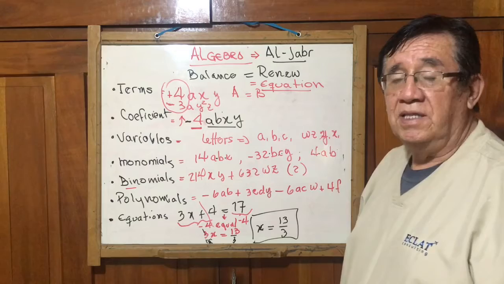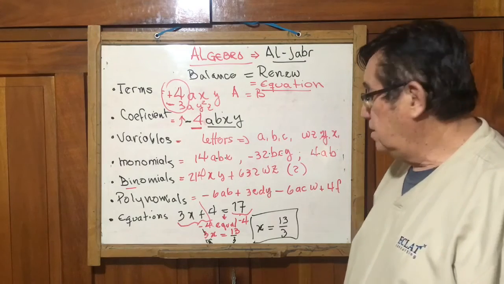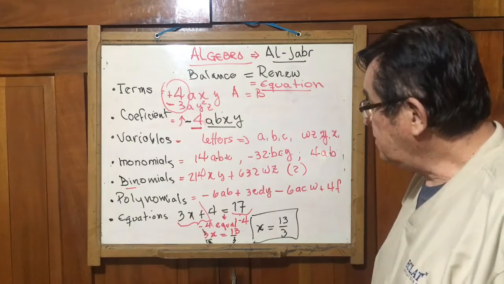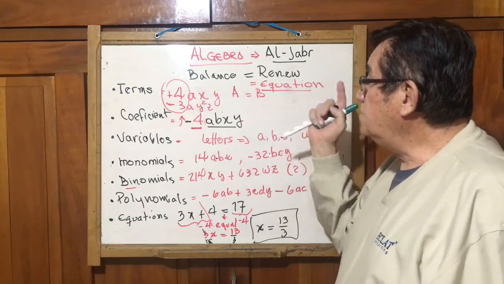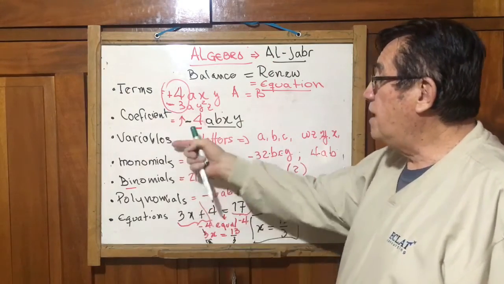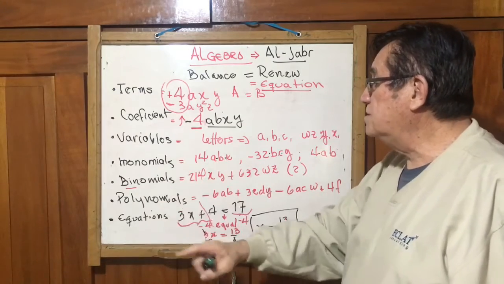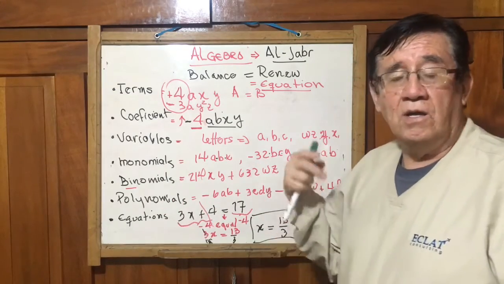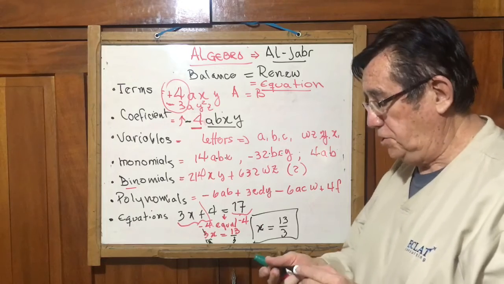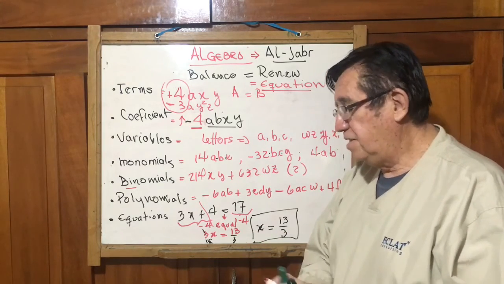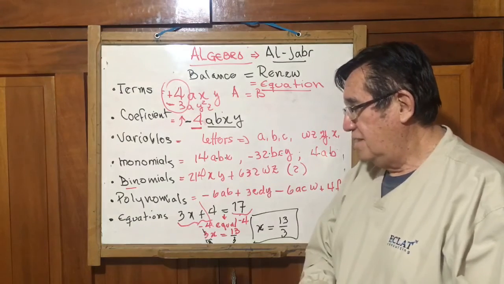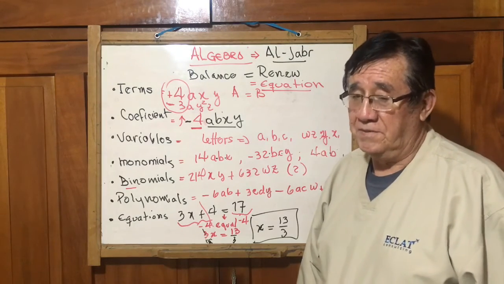These things will be studied in further chapters. So basically, algebra is about terms, coefficients, variables, monomials, binomials, polynomials, and all of them will be used in equations. Hopefully, I think this will be a good beginning for learning algebra.